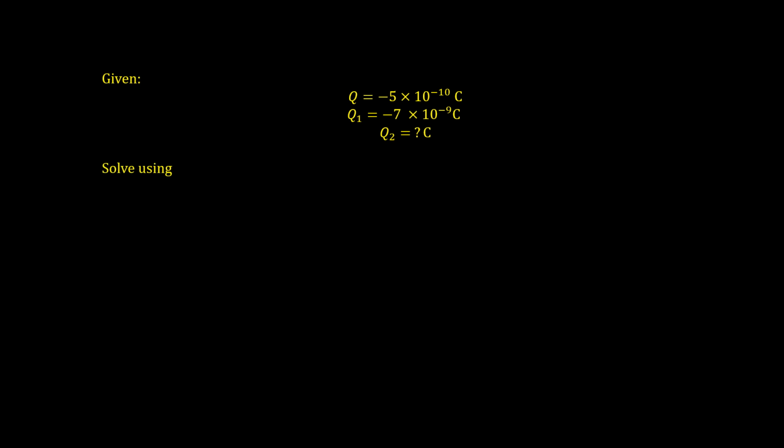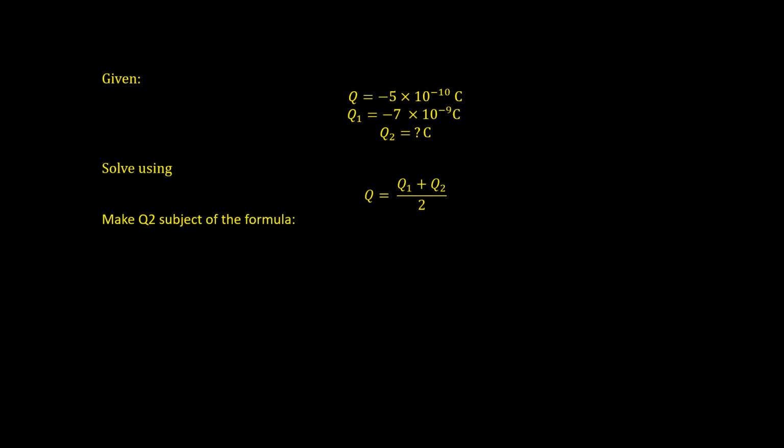We will solve it using this expression that we also used in the previous questions, where the final charge Q on each sphere after touching and separating equals Q1, which is the initial charge on sphere Z, plus Q2, which is the initial charge on sphere Y, all divided by 2. We are looking for Q2.